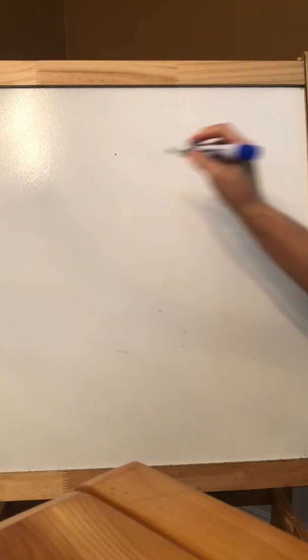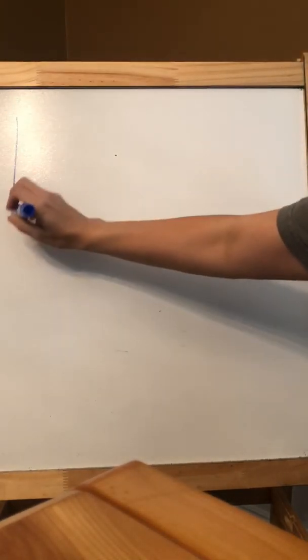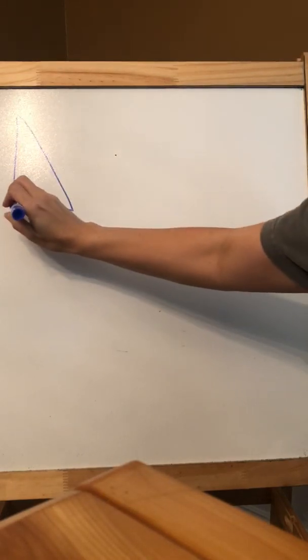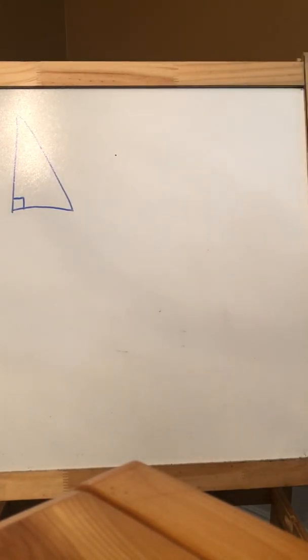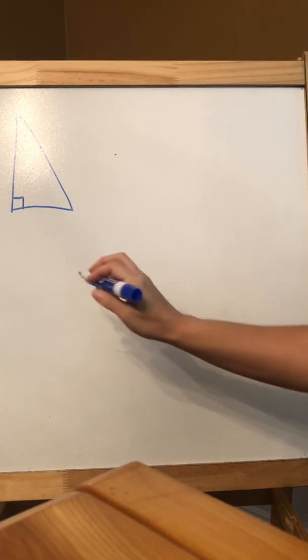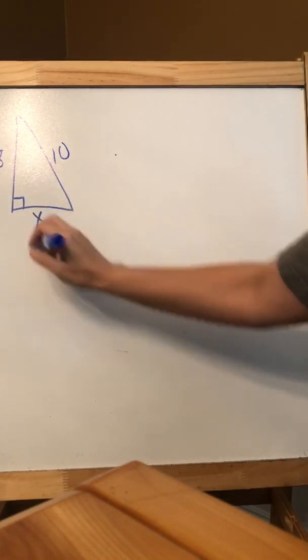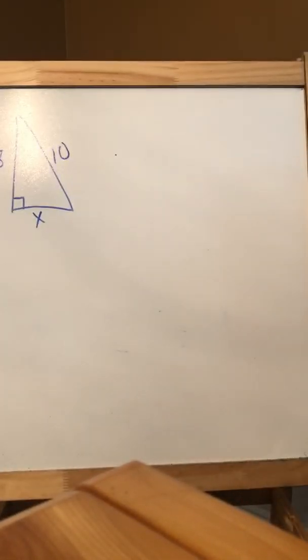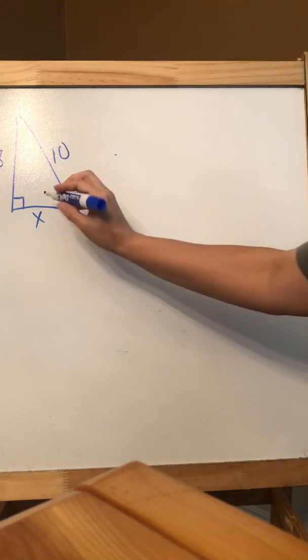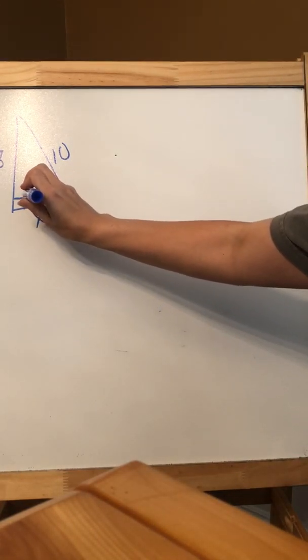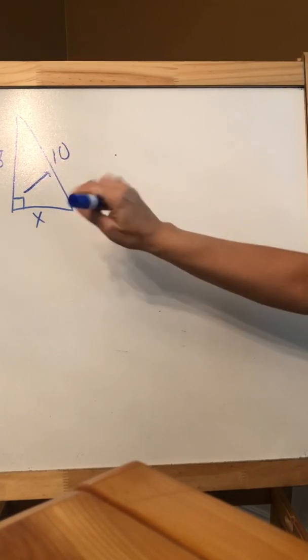Let's try another one. All right, there's our right triangle. And we have 10, 8, and we don't know x. So the first thing you're gonna do is what? Label your hypotenuse. Find your C. Find your right angle.